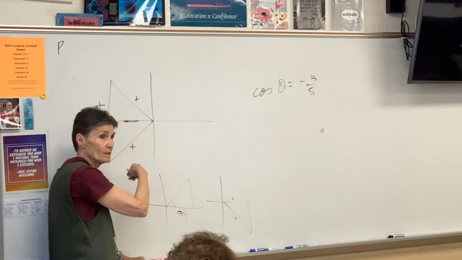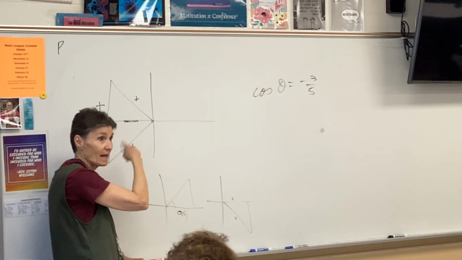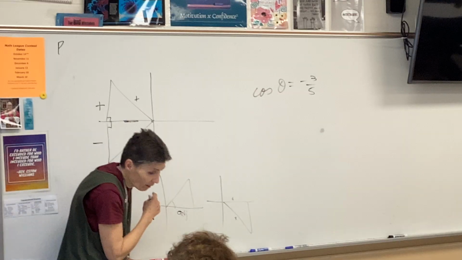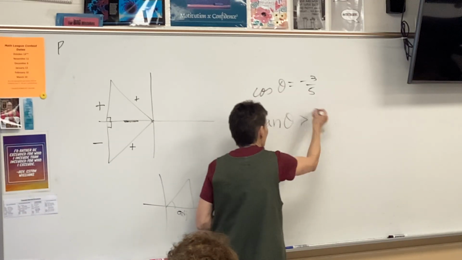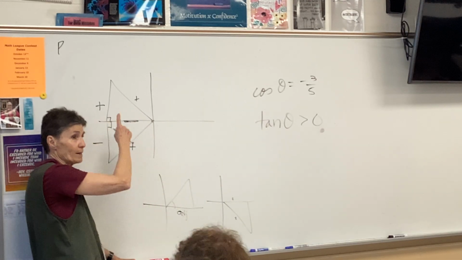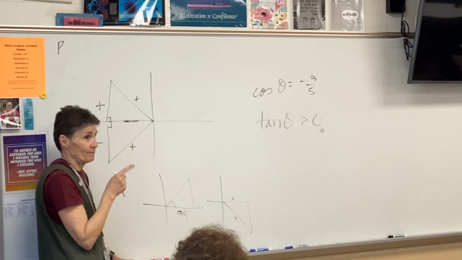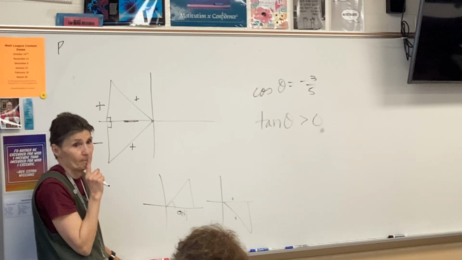It has to be over here. For the cosine to be negative, it has to be over here. Now I also need the tangent to be positive. So I only look at these two now. Which one of these will have a positive tangent?